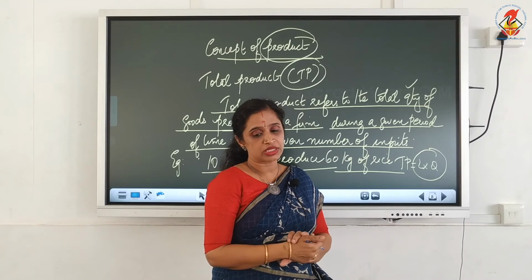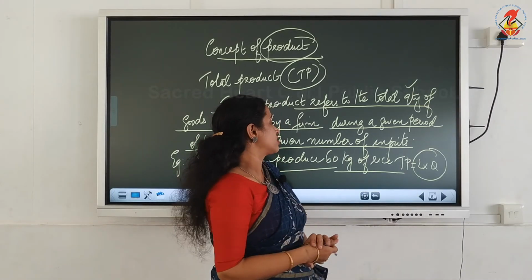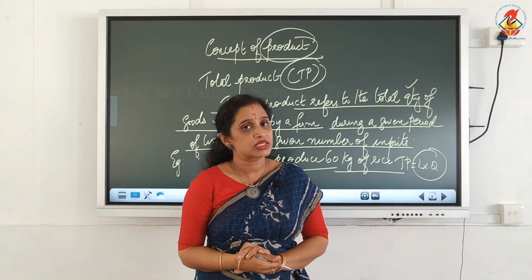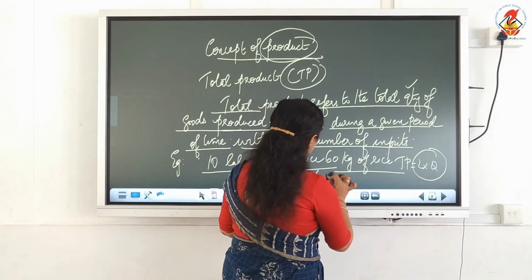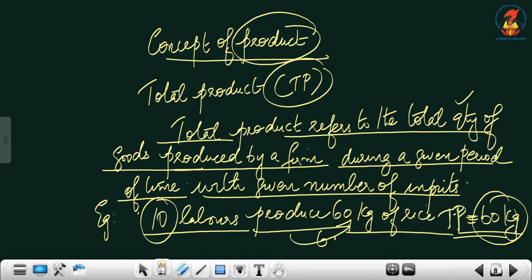They produce 60 kg of rice. Therefore, the total product is 60 kg of rice. So each one is producing 6 kg of rice. Therefore, total product is equal to 60 kg. So 10 laborers are producing 60 kg. That means total product is equal to 60 kg.